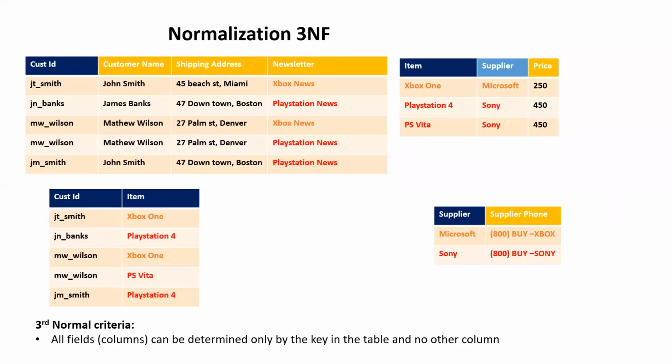We converted this table to multiple small tables till this point. Now we have 4 tables, and each table has its own relation with the other table with the primary key, foreign key type of constraints. We'll talk about the constraints, primary key, foreign key. But you can see that I broke down the table into 4.